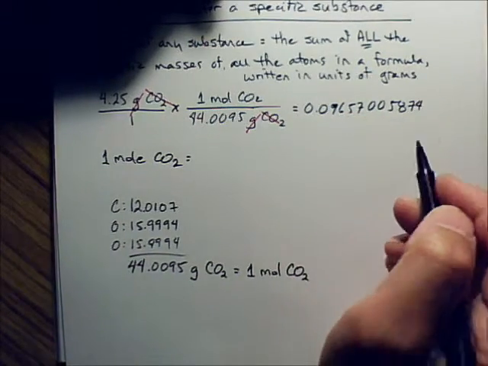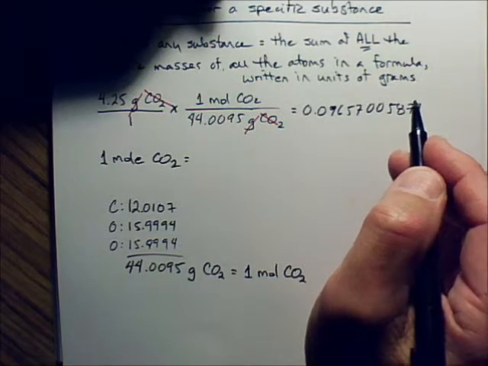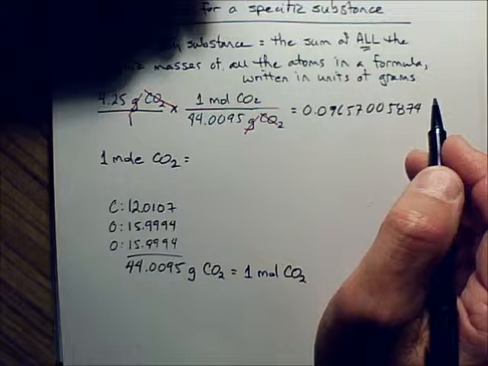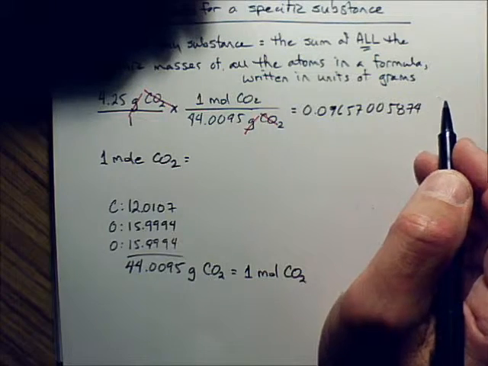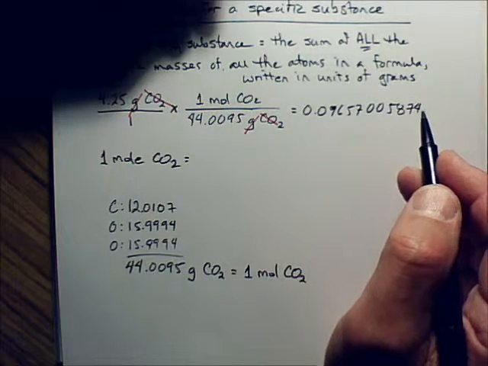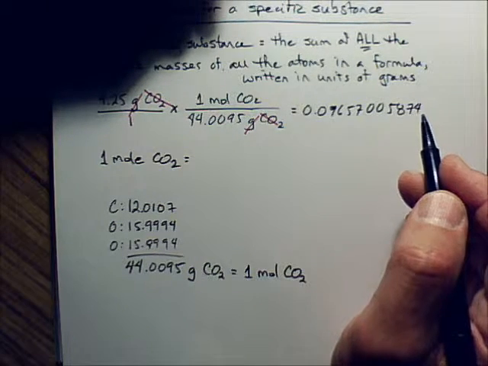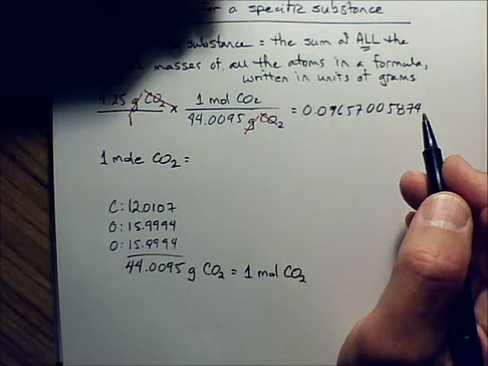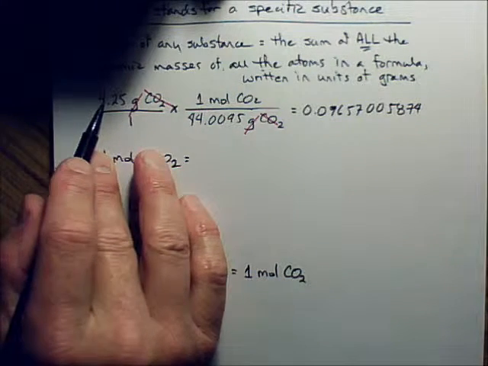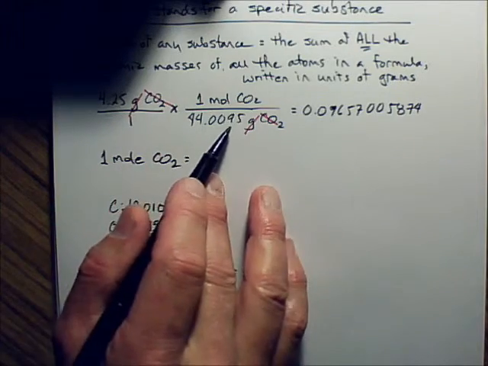So maybe you need to check your math. In fact, it is a really good idea. I can't emphasize strongly enough that you should double check your math in your calculator every time. Can you tell me what he did? He took this number, hit his divide button, and put in that number, and hit equals.